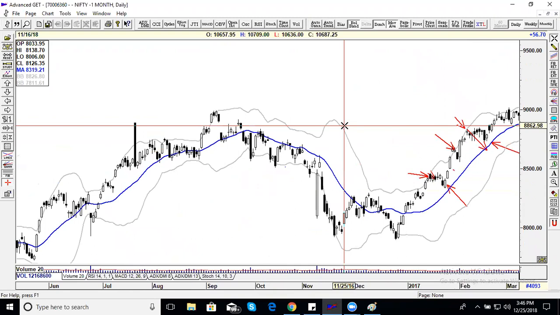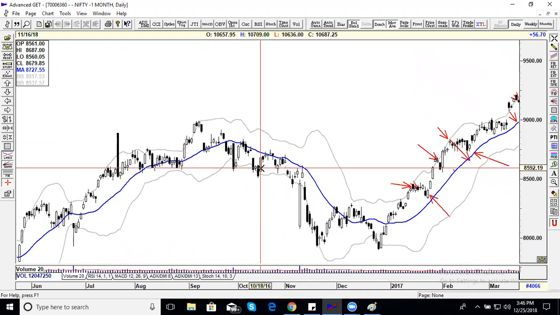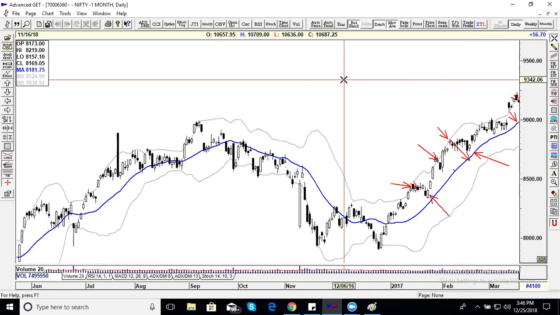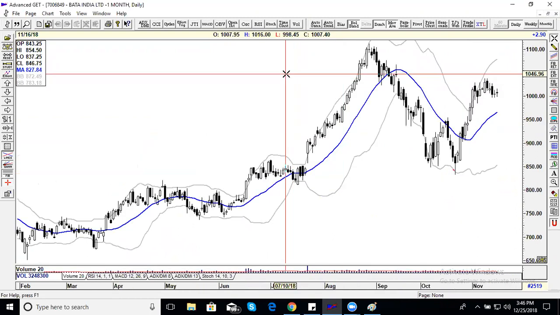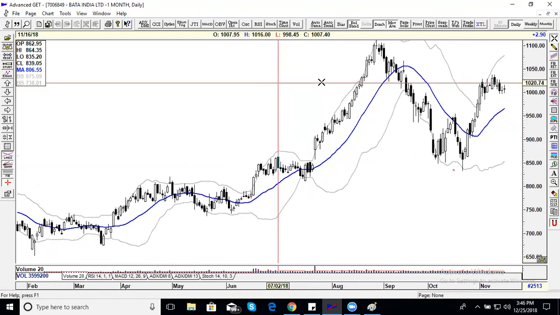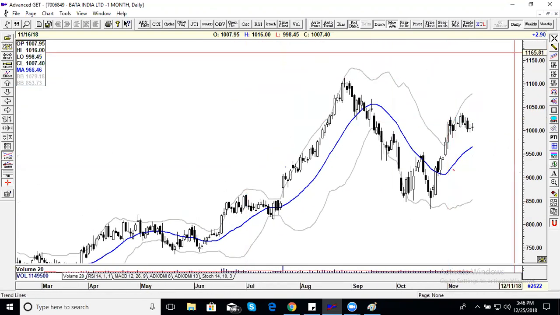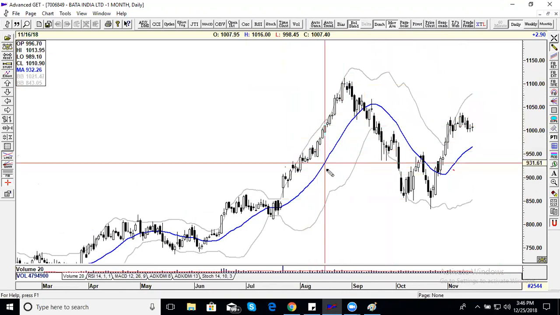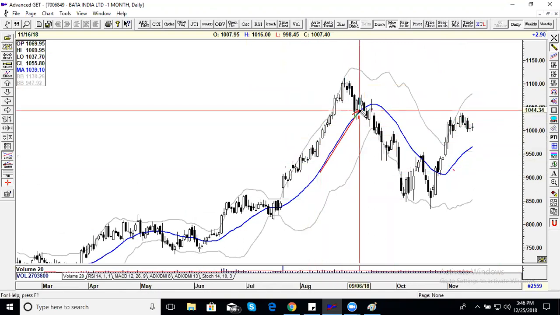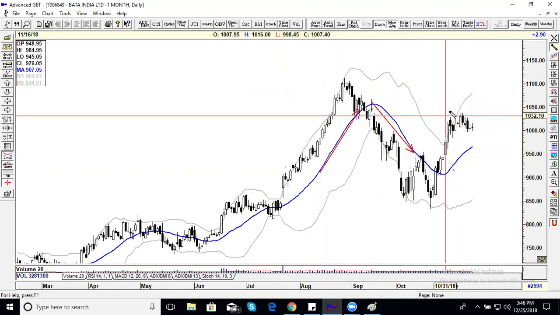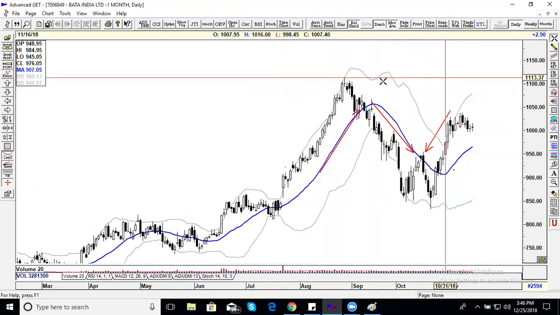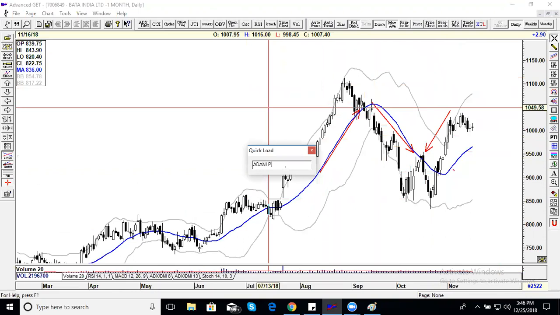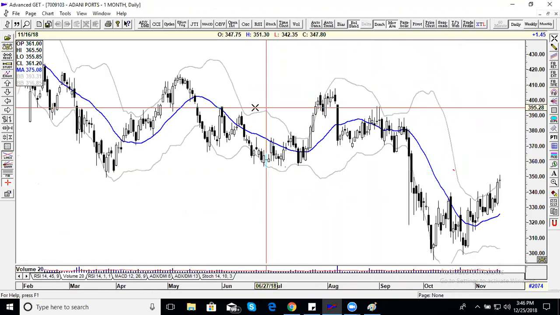You can see this here. Let's take Bata. See here, in the bull market, you will see this Bollinger 20 period moving average will act as support. In a bear market, it will act as resistance here. Like Adani Ports, the previous sell-off.